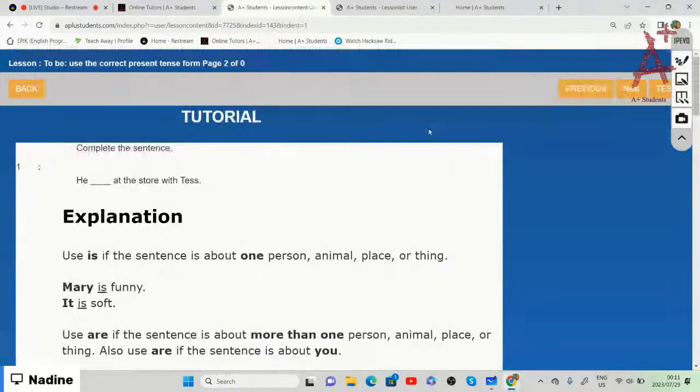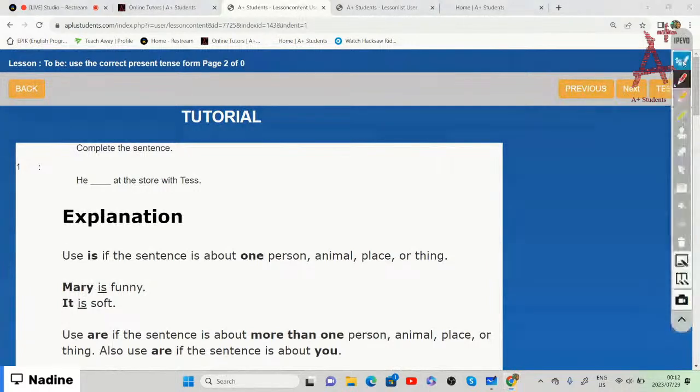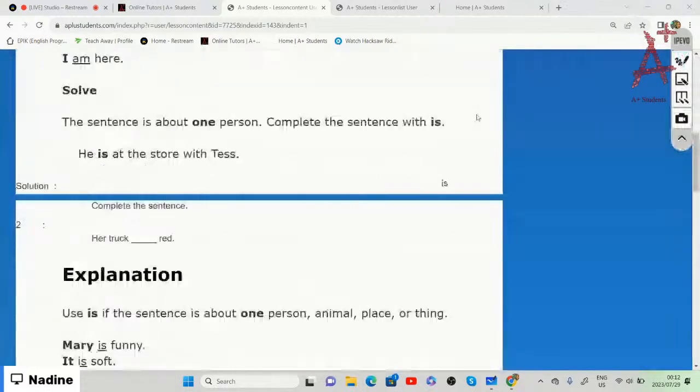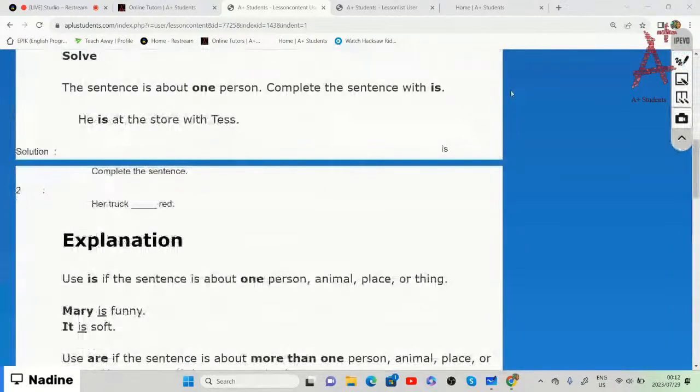He at the store with Tess. So he refers to only one person, which means he is at the store with Tess. Her truck, is, am, or are.